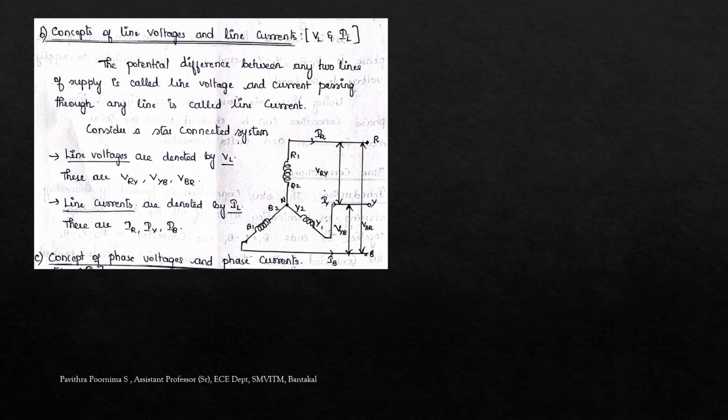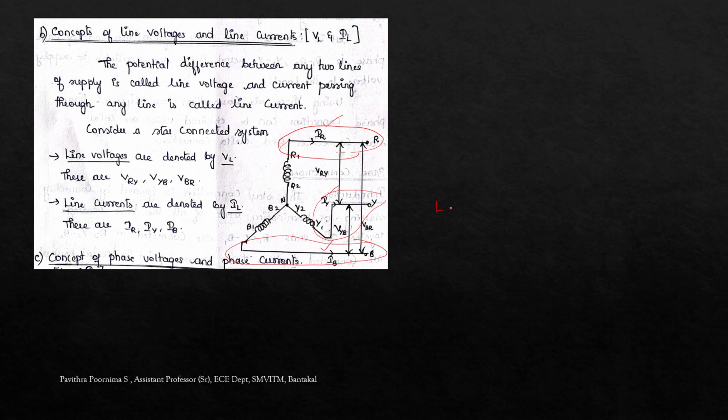So this is the circuit diagram, and here is how to represent those currents and voltages. As I said, this is one line called the R line, this is the Y line, and this is the B line. The current through each line is a line current, which is IR, IY and IB.